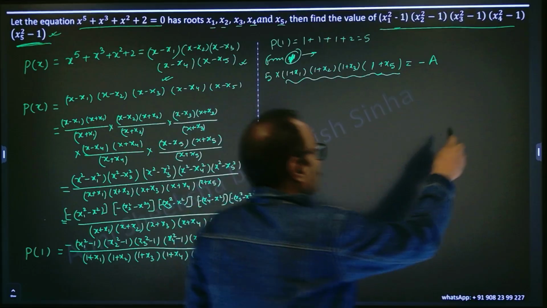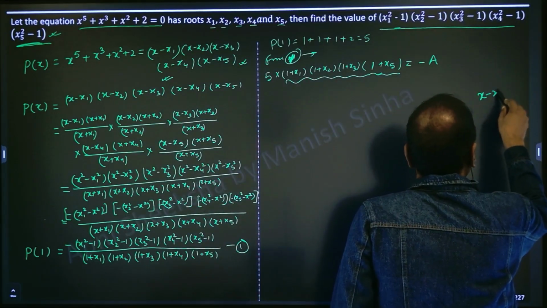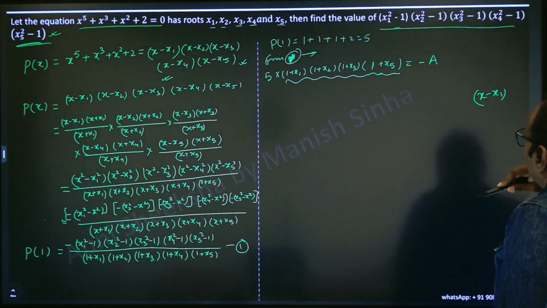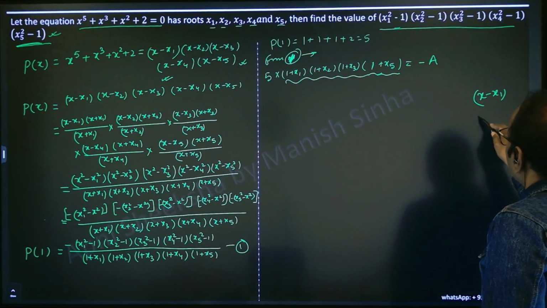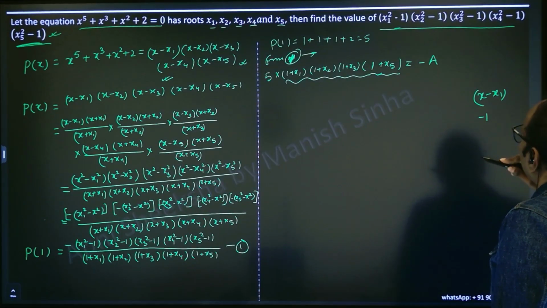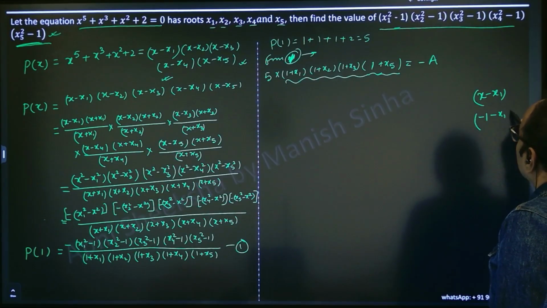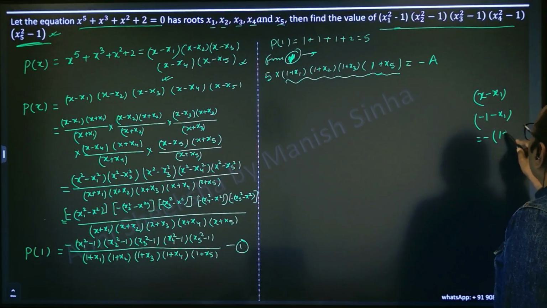If I want to make this 1 plus x1, what will you do? You will say, okay, let me select the value of x as minus 1. Then the minus is out, so 1 plus x1.